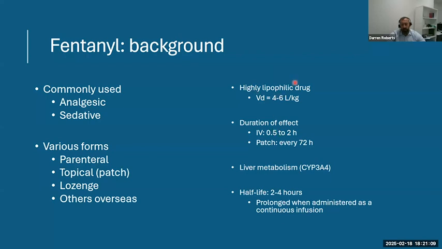This very large volume of distribution, just accept me saying that that's a large number, means that with people who use fentanyl for a long period of time, it can all go into the fat and sequester and sit in there, and then it becomes like a depot where fentanyl is accumulating. That means that once you stop using fentanyl, it may continue to be in the blood. And this is becoming an issue that people are seeing overseas.